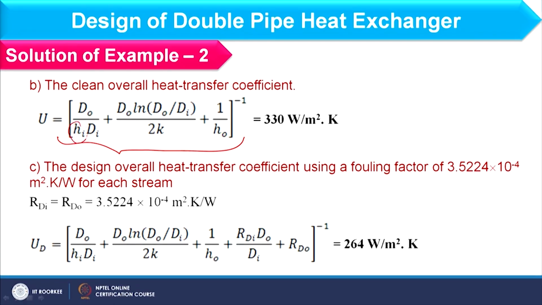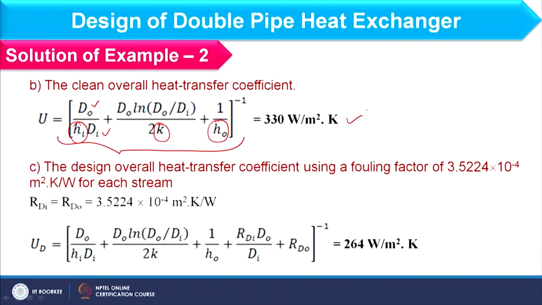So, HI and H naught you are already given, and D naught and DI values are known to you, and simply you can put the thermal conductivity of the material, because here the material is carbon steel, and for that the thermal conductivity value is already given. So, considering all these values, you can find out the overall heat transfer coefficient at clean condition, which comes out as 330 watt per meter square degree Kelvin.